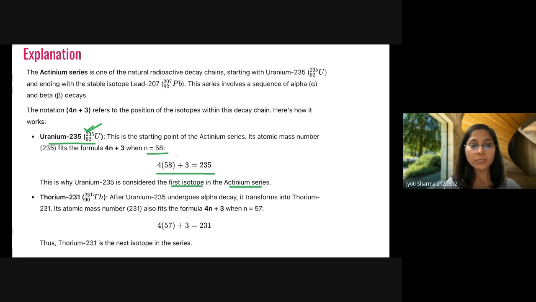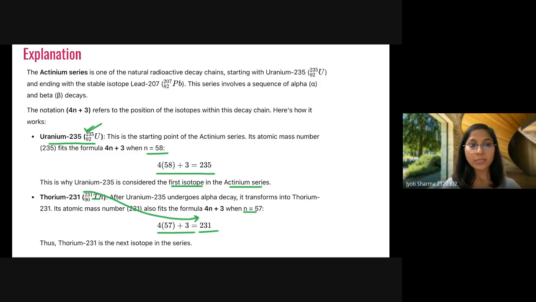Then you go to the second one, which is thorium. Here n is equal to 57, and the atomic mass will be 231, which follows the same formula. Likewise, you can predict the atomic mass of your next element.